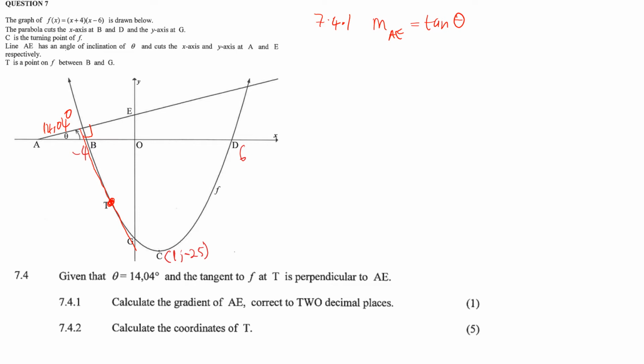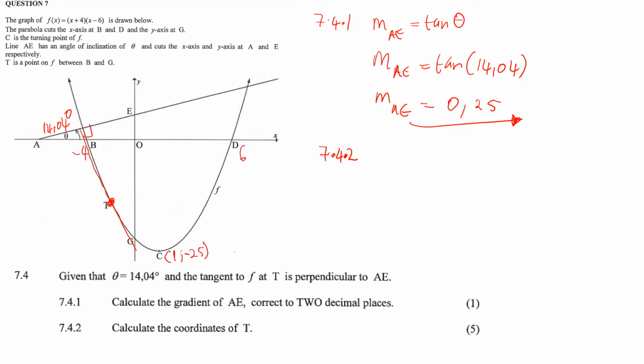Remember, to get the angle of inclination, we say arctan of the gradient of that line. So now we need the gradient of that line. We say gradient of the line is equal to tan theta, and this is the formula that you also know from your paper 2. So gradient of AE will be equal to tan 14.04. All right, they told us that we must round off our answer to 2 decimal places, so our answer is going to be 0.25.